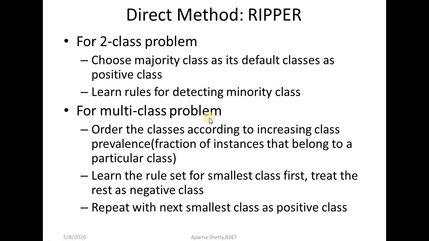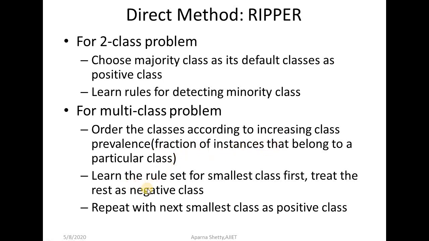Next, for the multi-class problem, you need to order the classes according to increasing class prevalences, that is, according to the fraction of instances that belong to a particular class.